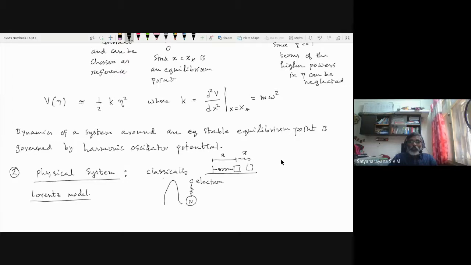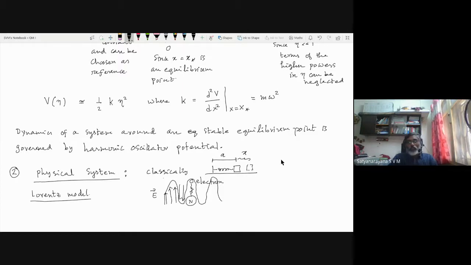I'm drawing, let's say, only the electric field, an electric field like this. So the E field is like this in this case, and it is like this in this case. Because the electric field is changing direction at some frequency, this electron will sometimes be stretched, sometimes compressed.